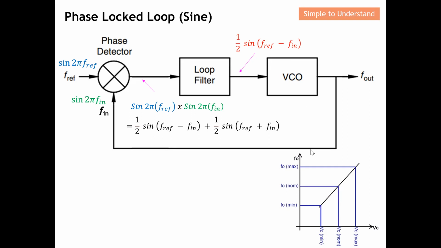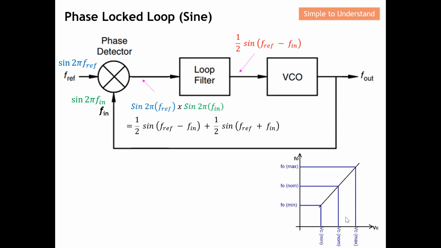Another criterion: imagine F reference minus F in becomes a positive number, which means that F reference is bigger than F in. Because F reference is bigger than F in, this is a positive number. Imagine there are lots of lines here, this is the maximum, this is the minimum.